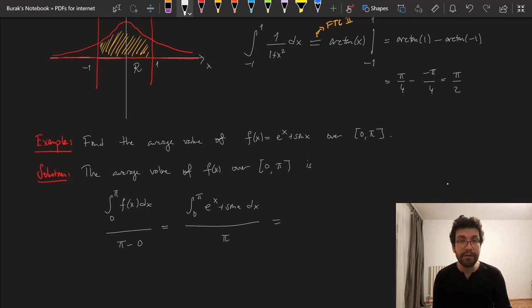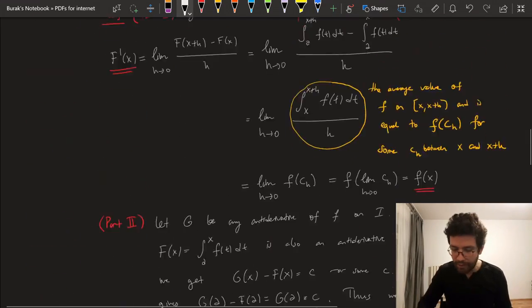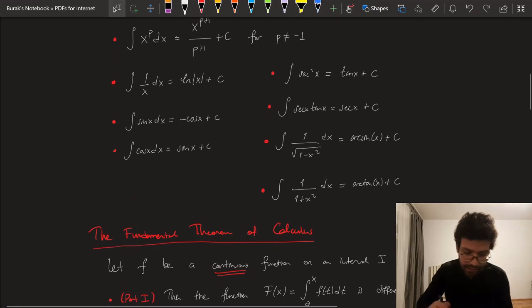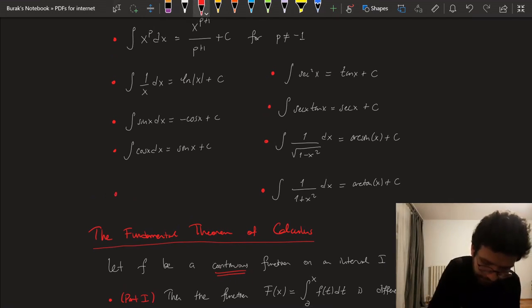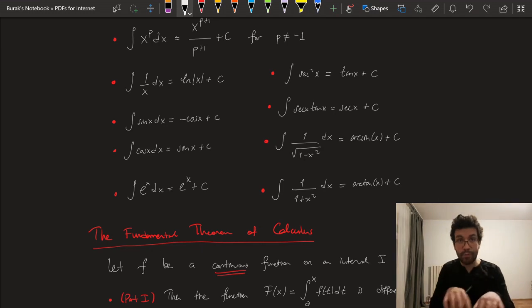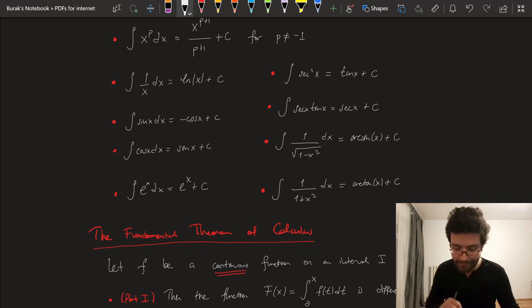In order to apply the fundamental theorem of calculus, part 2, what do I need to do? I need to find an antiderivative of this. Well, I know that the antiderivative of e to the power x is itself. I'm just going to pretend that that was there all along.